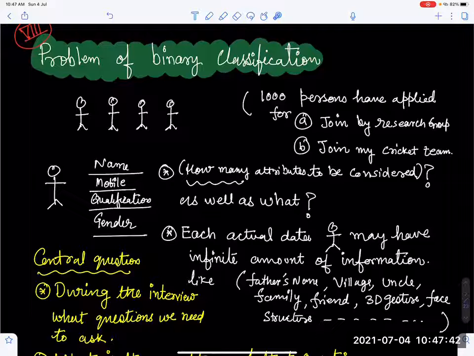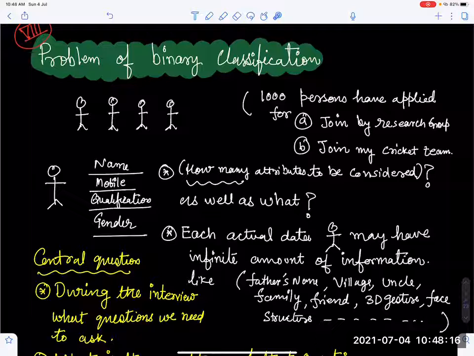My single data point, like Anish Bose, has infinite information like his name, his gender, his high school percentage, his mathematical background, his father's name, his mother's name, his sister's name, the way he is sitting right now, the room he is sitting in, whether he wears specs or not, how big his hair is, how many languages this guy knows.